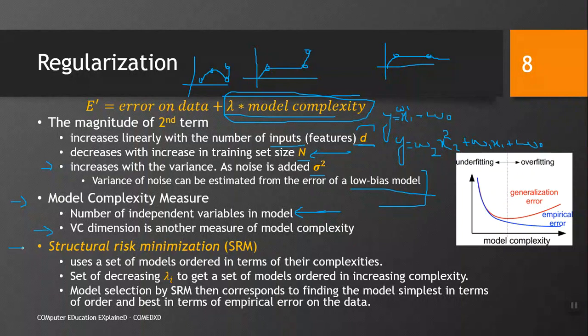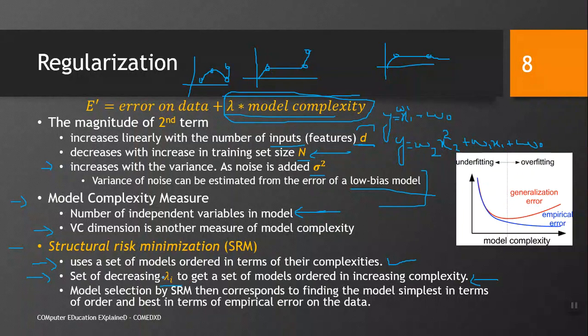Structural risk minimization uses a set of models ordered in terms of their complexities. In cross validation, we have seen that we can use one or multiple models to find the predictions. So we arrange multiple models in increasing order of their complexity. A set of decreasing lambda i's is used to get a set of models ordered in increasing complexity.